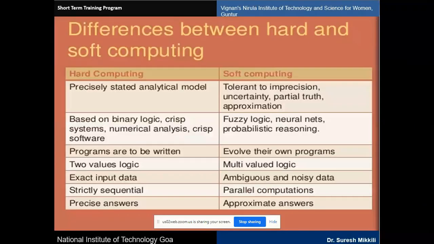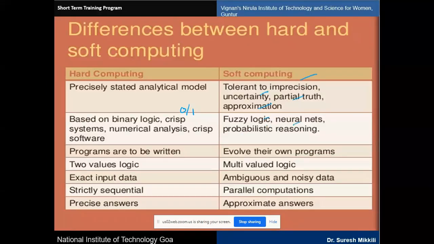Now, when we consider hard computing, precisely related data is required, and it deals with binary logic. That means it deals with only zeros and ones. The program has to be written. It is a two-valued logic. You should know the exact input data, then the output gives precise answers. Whereas soft computing works with tolerance of imprecision, uncertainty, partial truth, and approximation.